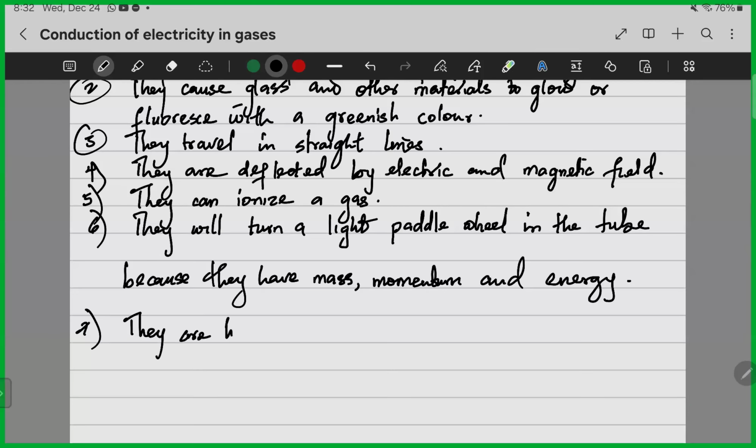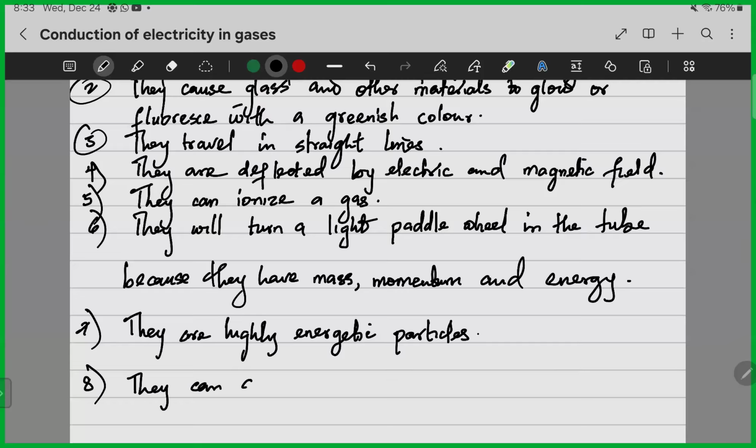They are highly energetic particles. They can affect photographic plates.